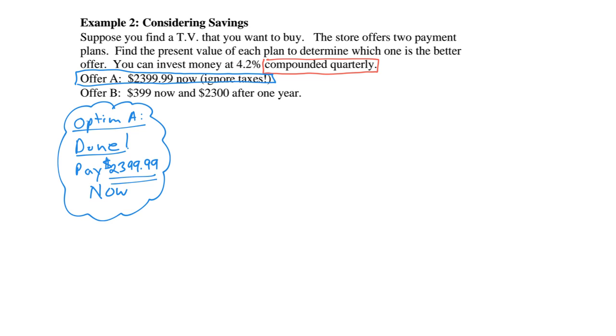So we're going to see what would happen if we paid this $399 now and $2,300 1 year after, using our 4.2% compounding quarterly. Okay, so let's see how we're going to solve this.